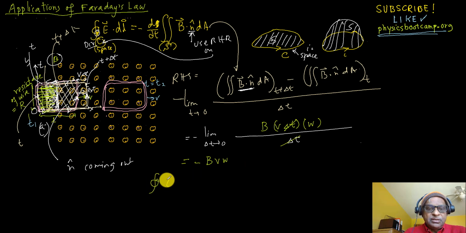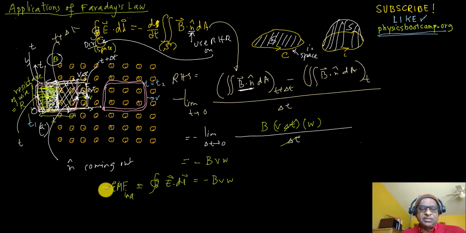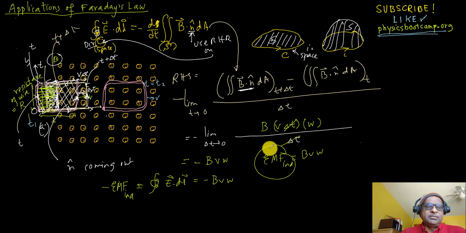So we just found that the integral of E dot dl is equal to minus BVW, and that's equal to minus EMF. Sometimes we say minus induced EMF. So the induced EMF is equal to BVW, and this acts in a steady situation. See, this is constant, this is constant, this is constant.